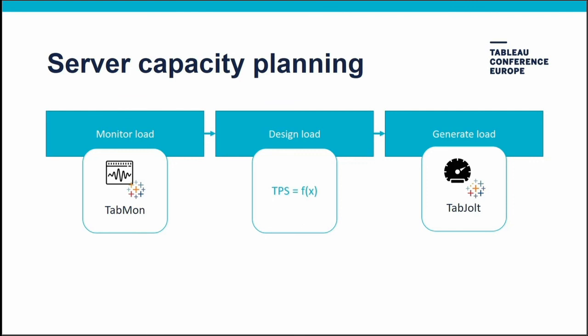With this synthetic load, I can mimic my users and also my user types, because some users might view more, some might interact more, some might just get reports pulled out with the tab command. And you get an idea: am I in the right place? Do I need to upscale right now, or can I upscale maybe in 3 months, 6 months?